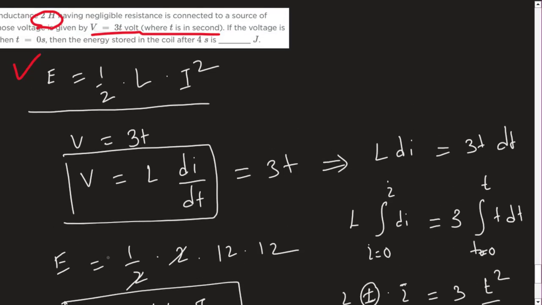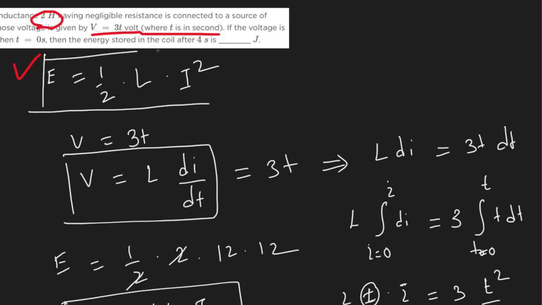So just to repeat what we did, what we were given is the coil of inductance of 2 Henry. So H is basically Henry, which is the unit for the inductance. And here they have given the voltage in this format 3t. So what you need to know is that these two formulas you need to know.